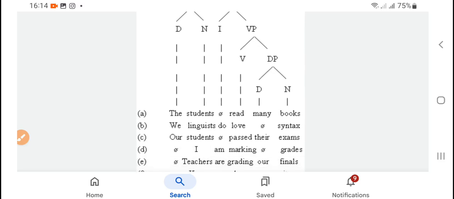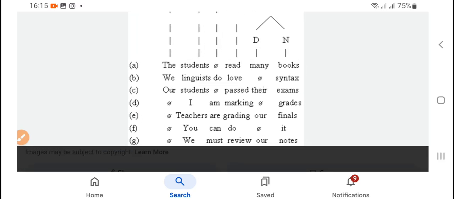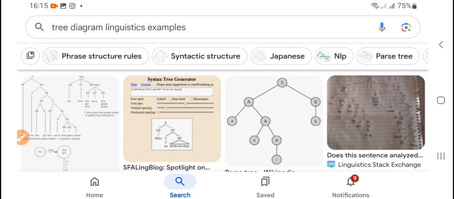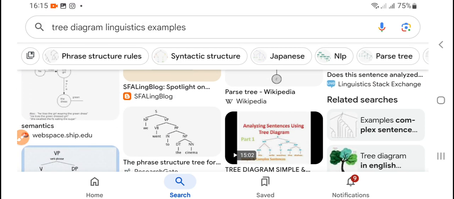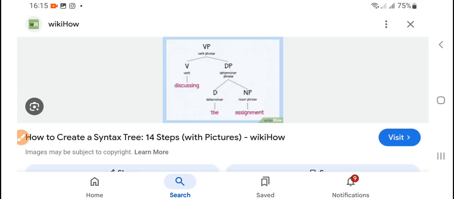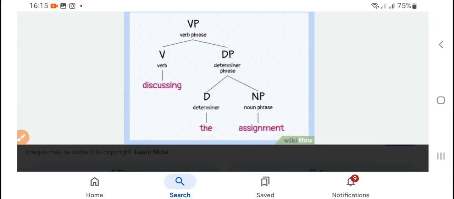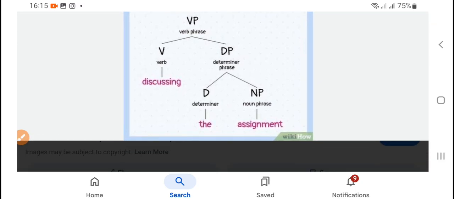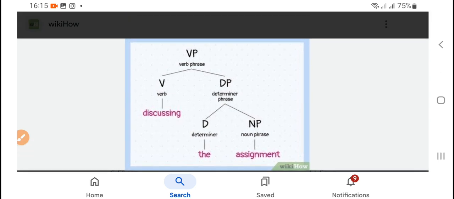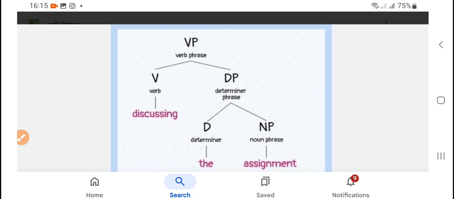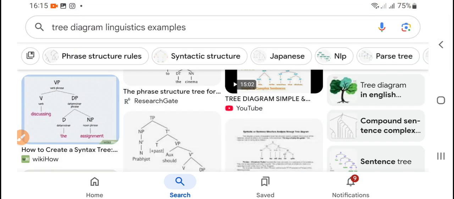Many books. I don't know what they are talking about. Anyway, now next is discussing the assignment. So the determiner, right? Assignment, noun phrase. Determiner phrase.